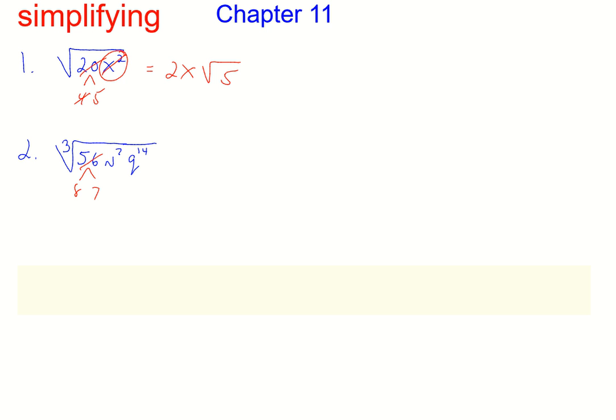Again, I don't know how you went. You may have gone 2 times 28, however you're going to get there, but you got to end up somewhere. I like 8 and 7 because the cube root of 8 is a 2, and I've already got a 3 out. Be careful, see little mistakes.